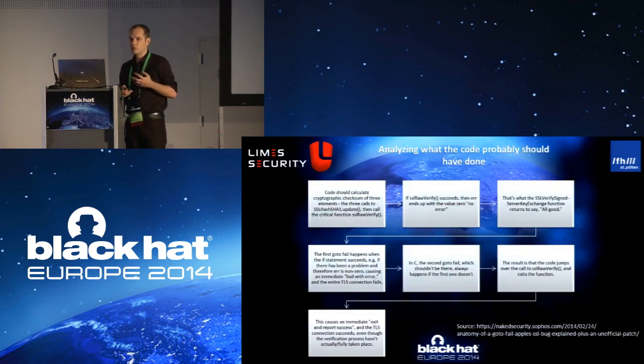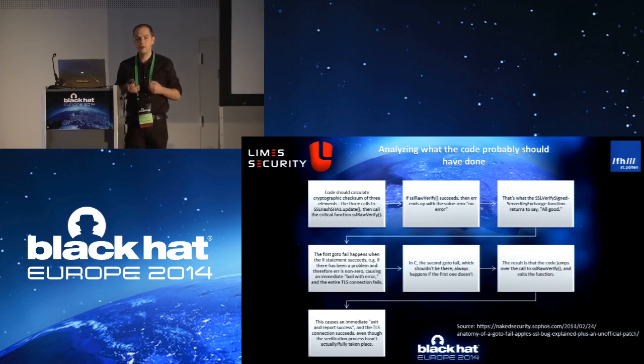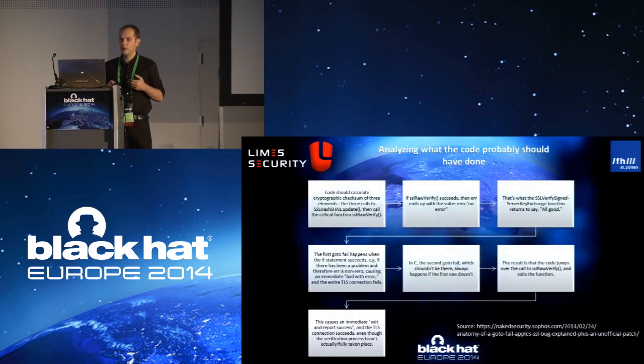I think we can only guess what should have happened. The code should have calculated several cryptographic checksums and then passed those on to a function called SSLRawVerify for the actual verification process. If the SSLRawVerify function succeeds, then the error value that we had up here should have been 0, which commonly means no error. That's what the function uses to signal everything's good, proceed with the connection.